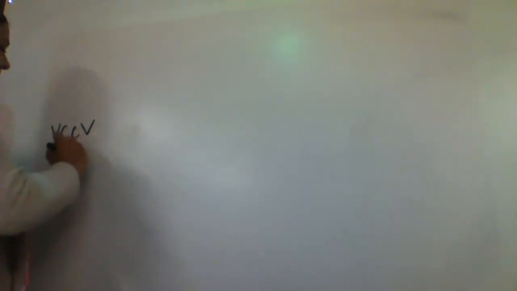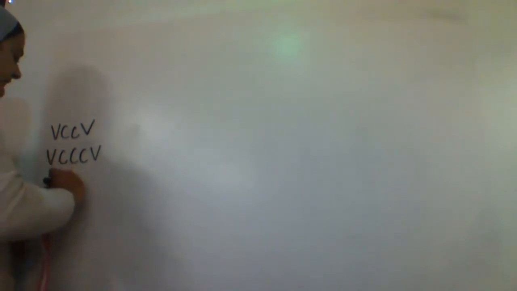Very good. We've learned the V-C-C-V. What else have we learned, Rena? Good. V with 3 C's and a V. And what else have we learned, Destin? VCV. Good job. And there's another one.